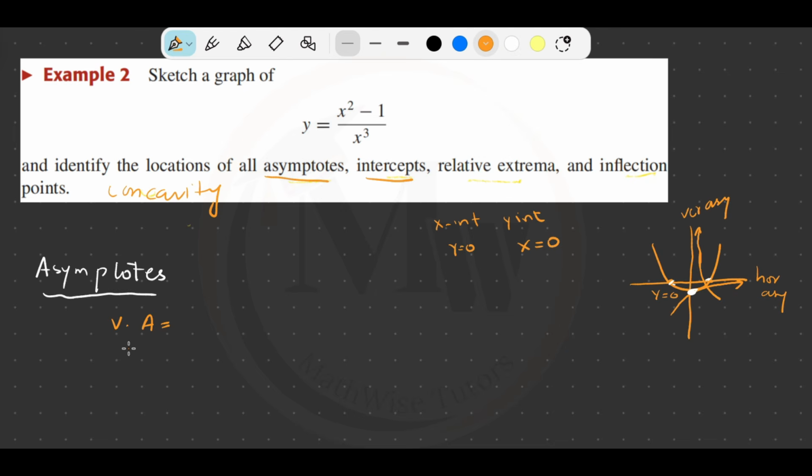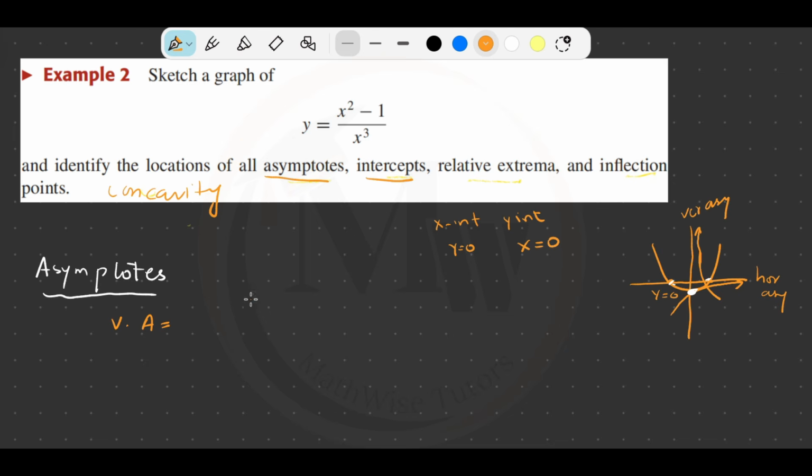So first is the vertical asymptote. As I said, the vertical asymptote is where the function keeps going along the y-axis. So we need to check at what x value we draw a line where the function keeps going to positive infinity or negative infinity. So first we check what is the x value.